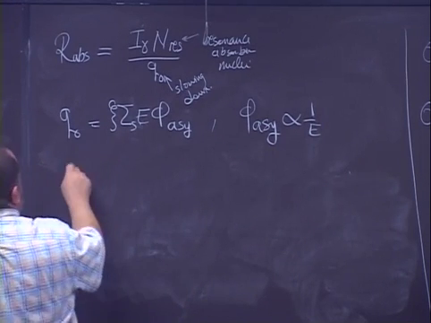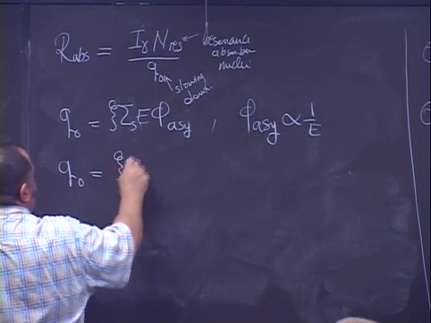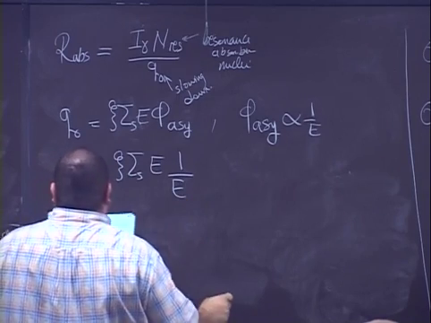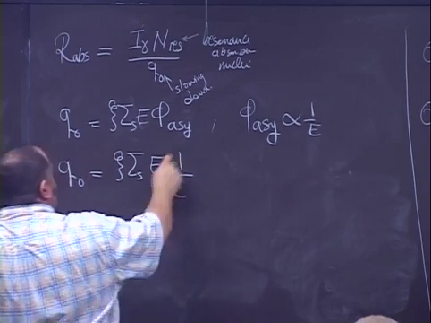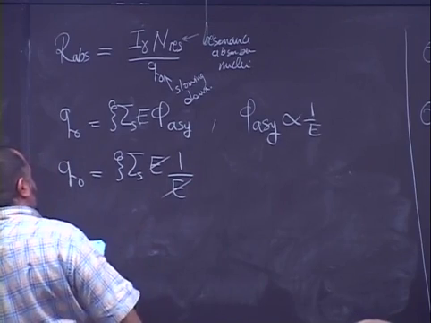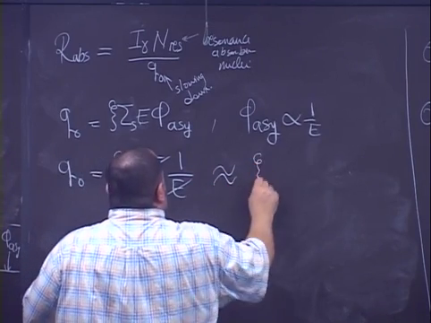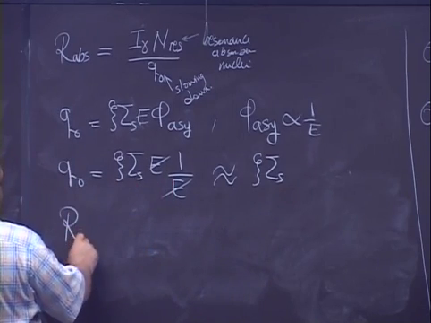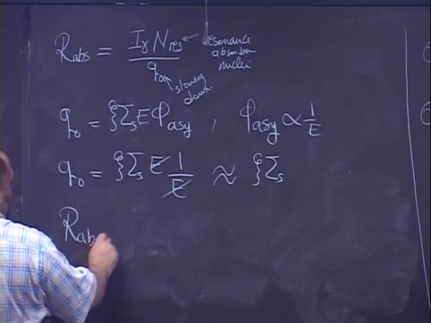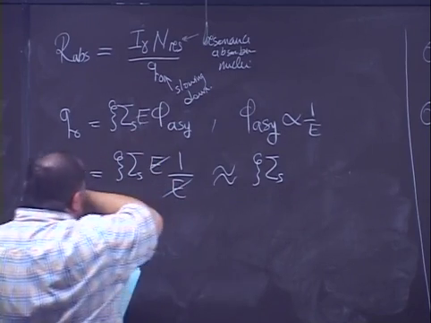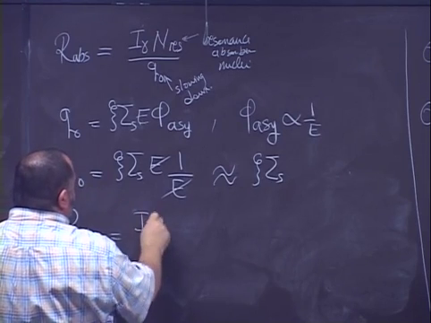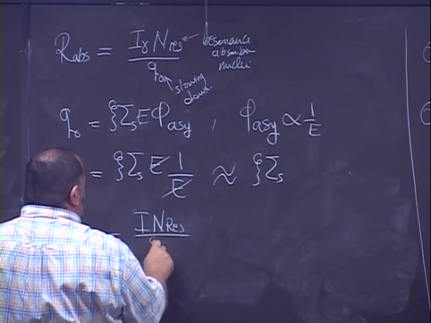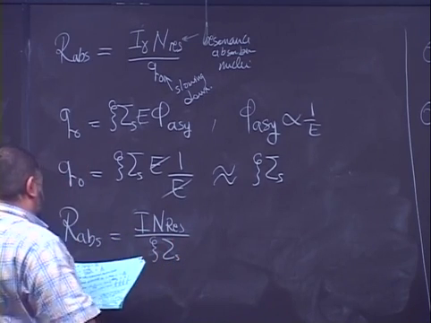So substitute here, and you will get Q naught equal to what? Xi sigma scattering multiplied by E and some constant over E. Yes? So approximately this will be Xi sigma scattering. And the resonance absorption probability, which is I multiplied by N resonance over Q, will be I N resonance divided by Q, and Q is just Xi sigma scattering.